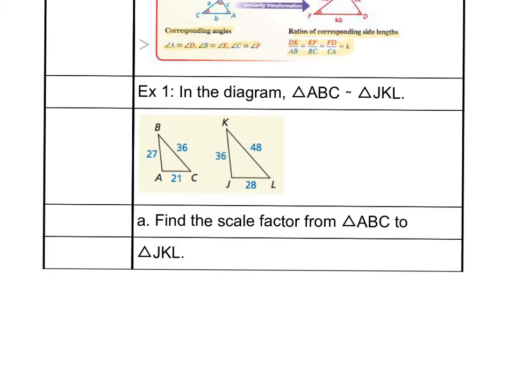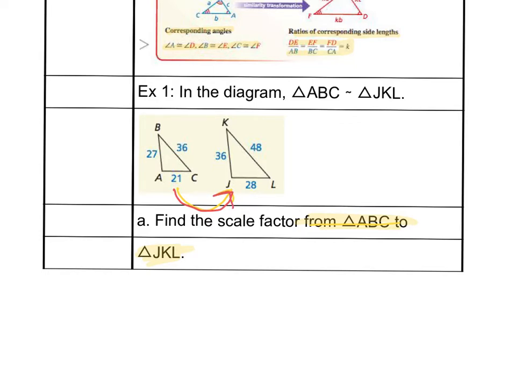Example 1 says, can you find the scale factor from ABC to JKL? That's important, the order in which it lists the two triangles. It says from ABC to JKL. If you think about it using logic, our triangle is getting larger, the side lengths are getting larger.